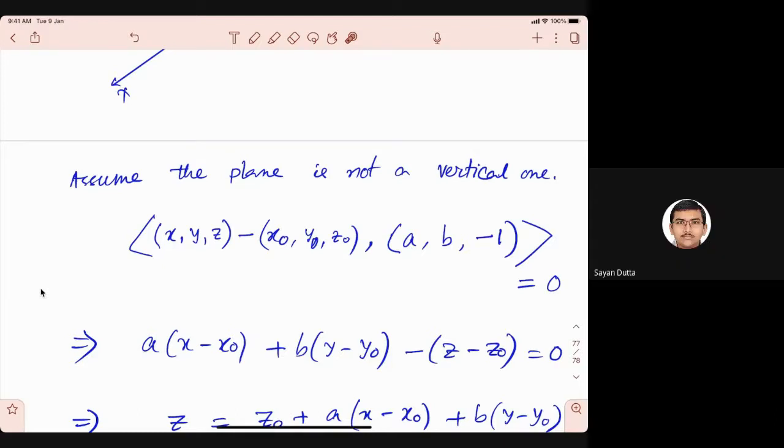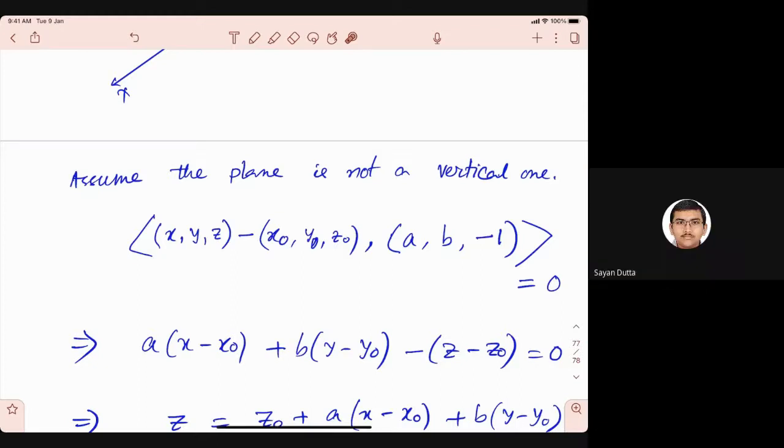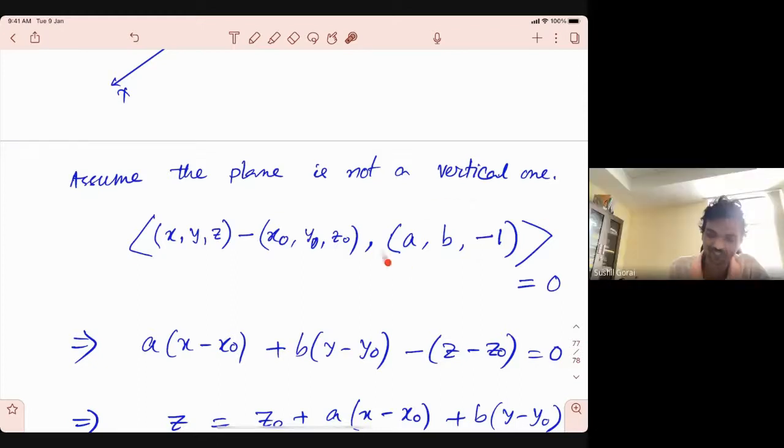So when we were drawing tangents in R to R, we were basically looking at the slopes. Here, instead of slopes, we are looking at directions only. So this a, b, c.